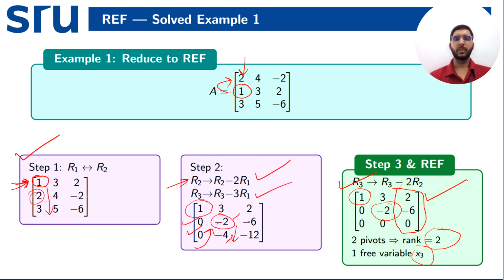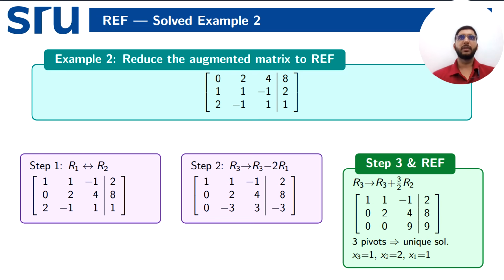So let us continue to the next slide. Let us take one more example related to row echelon form. This time I have considered an augmented matrix representing a system of linear equations, and we are required to convert it into row echelon form.